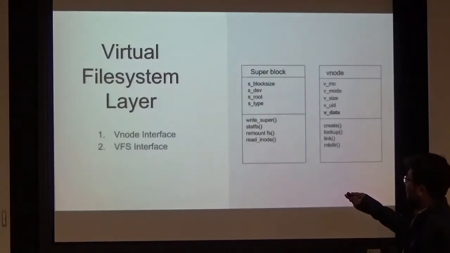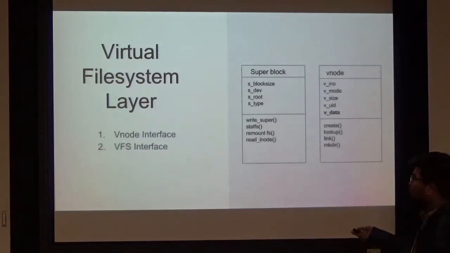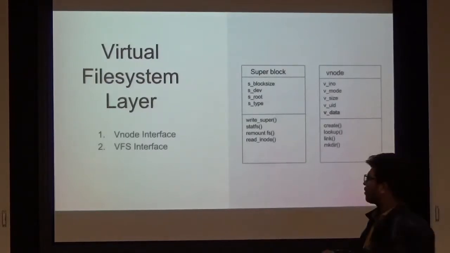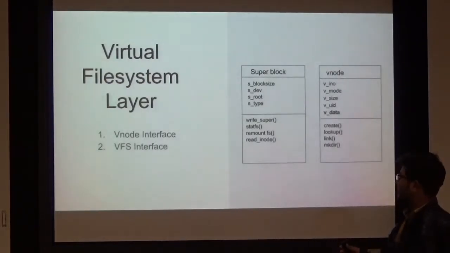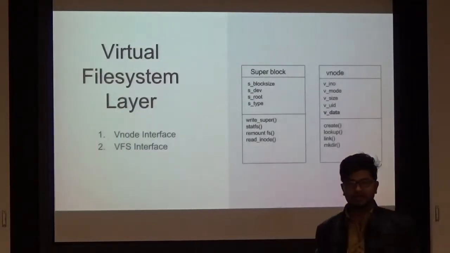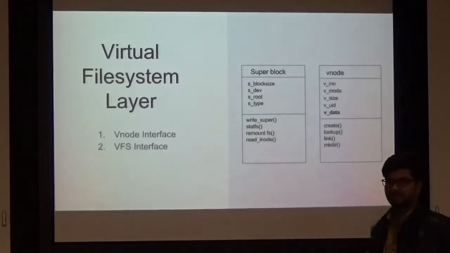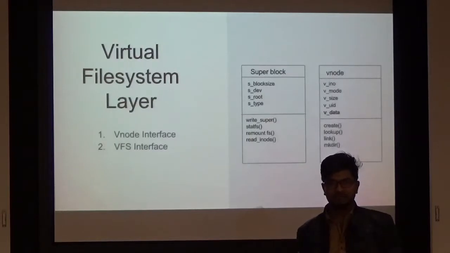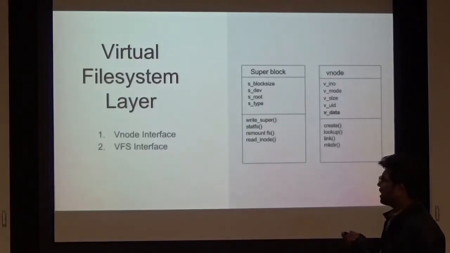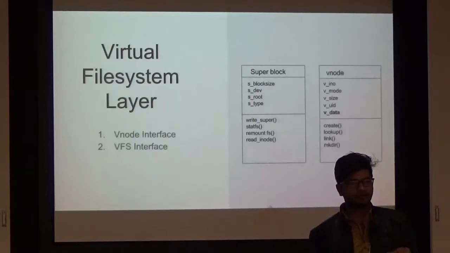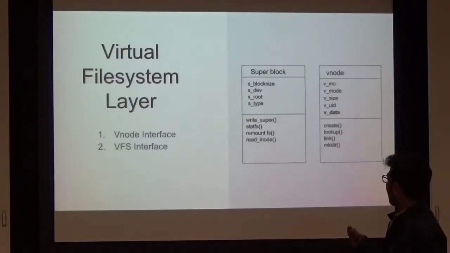The VFS layer is composed of these two things, and the names are sometimes used interchangeably. We call the whole virtualization the VFS layer; within it, the VFS interface deals with file system operations, and the vnode interface deals with file specific operations. The VFS interface may deal with file system specific things like mount, remount, or write super.